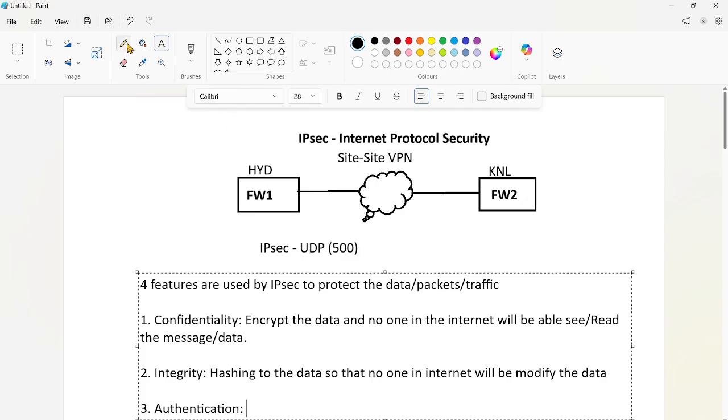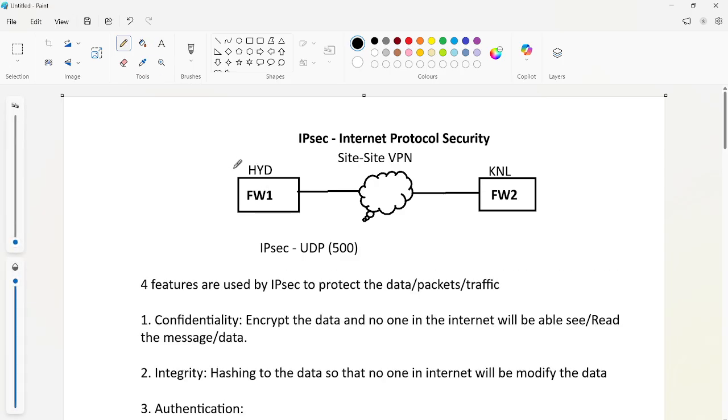Whenever you are sending the data from the Hyderabad firewall, let's assume there are multiple users on the internet. Maybe they will take the data, maybe they will hide whatever information you are sending from the Hyderabad firewall, and they are trying to send their own data.